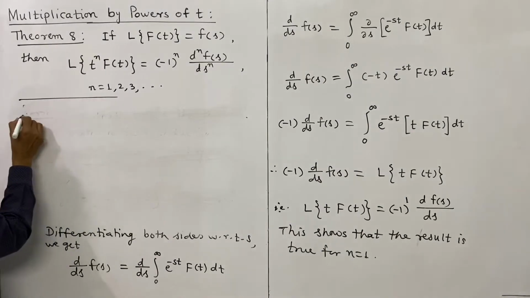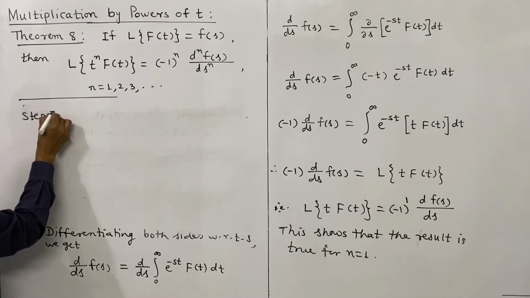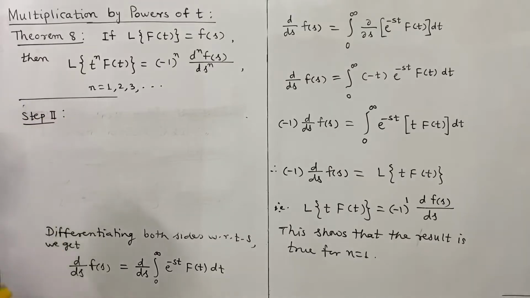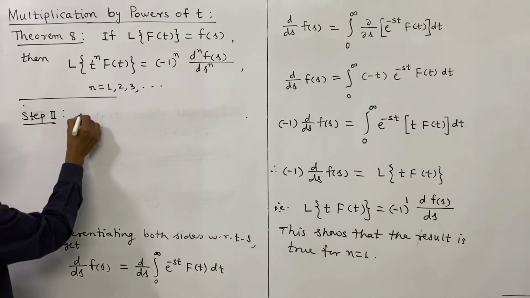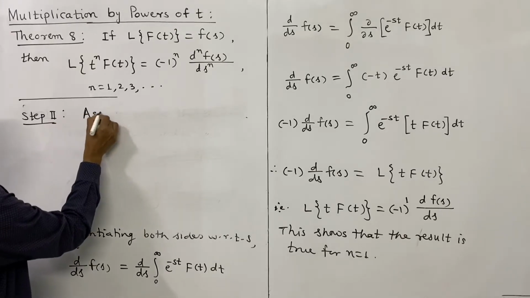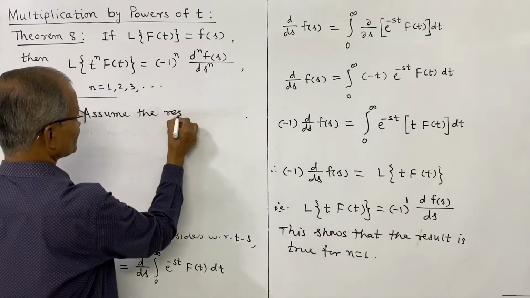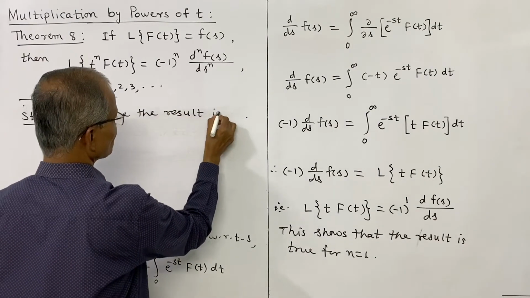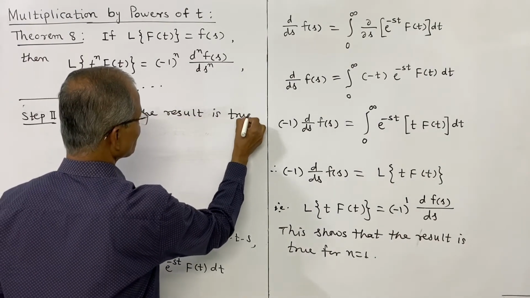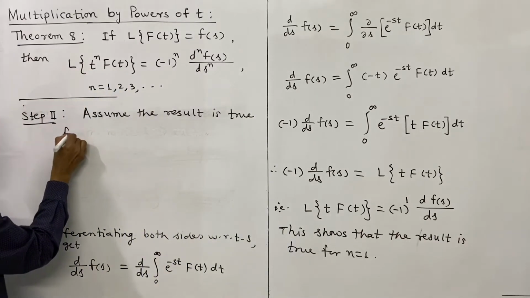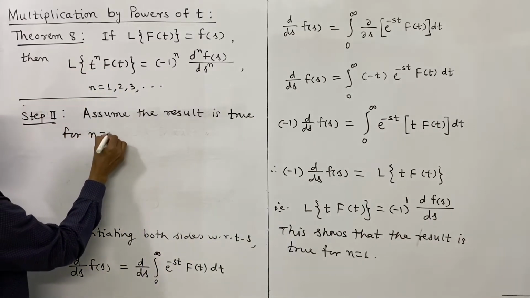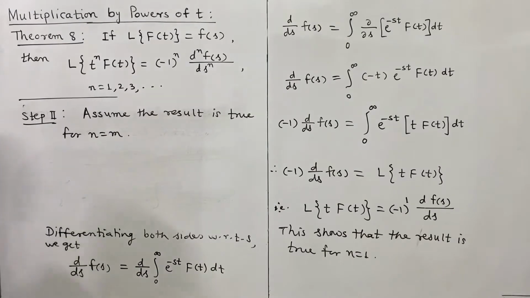Now step 2. Assume, or suppose, the result is true for n equal to m, and then to prove the result is true for n equal to m plus 1.